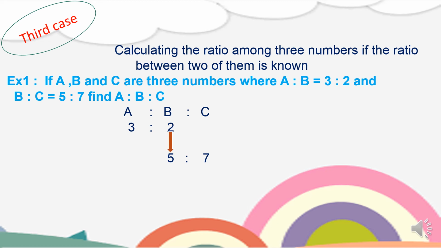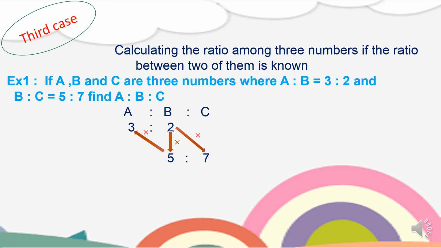So, to get the common ratio between the three numbers, I'm multiplying 2 times 5, and multiplying the two numbers facing each other by crossing, 5 times 3 and 2 times 7.